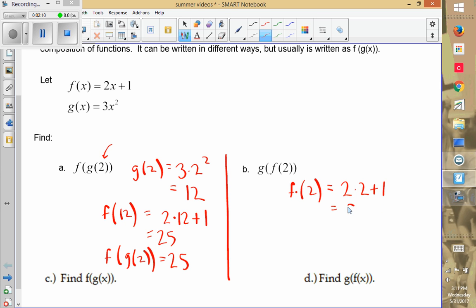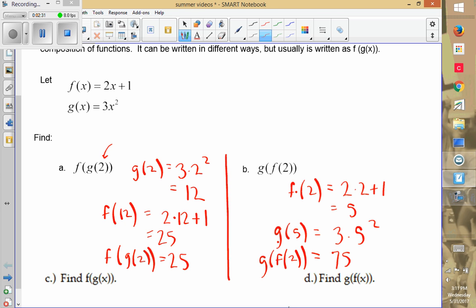We are going to get 5. So ultimately we're going to have g of 5 equal to 3 times 5 squared, which is 25 times 3, which is 75.